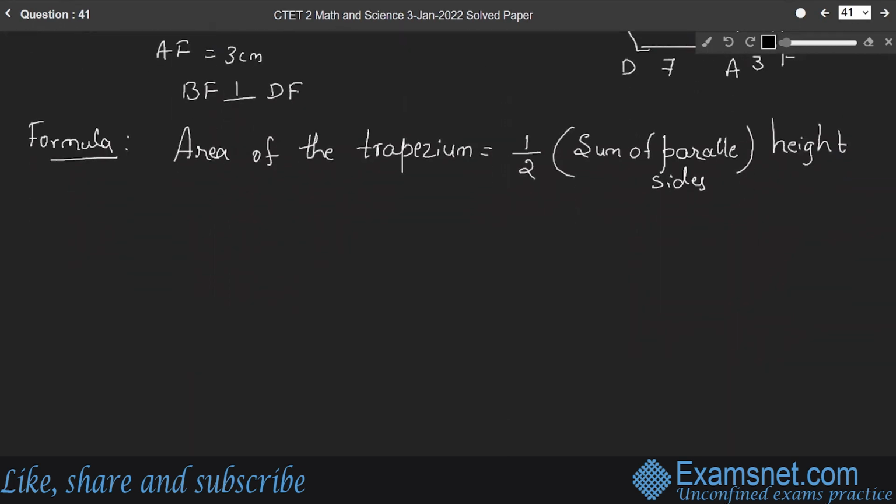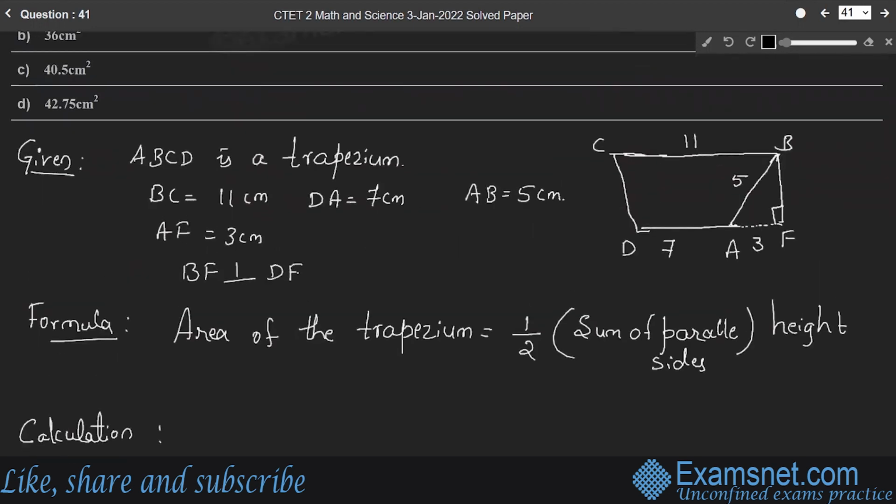Therefore, calculation. For area, we need height. So how to find the height of the trapezium? By taking triangle BAF, let us apply the Pythagoras theorem here.